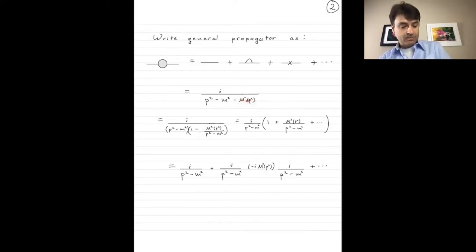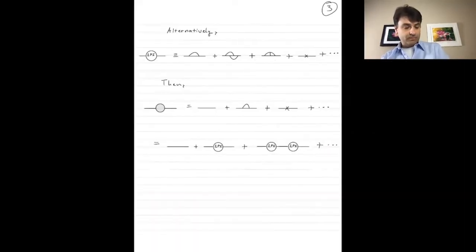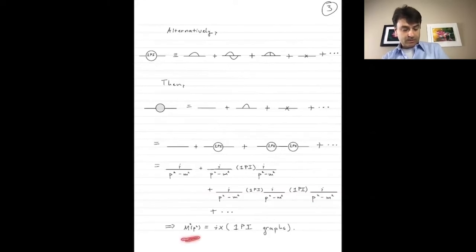So I know now what M squared of p squared is. It's i times the sum of 1PI diagrams, 1PI graphs, single particle irreducible graphs. So in other words, the M squared is i times the 1PI graphs.